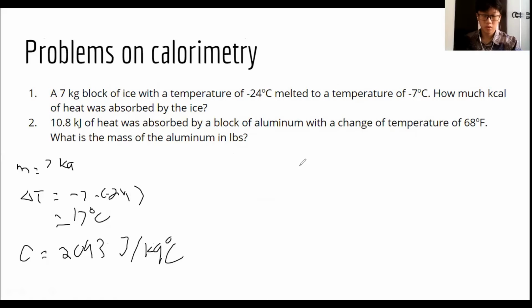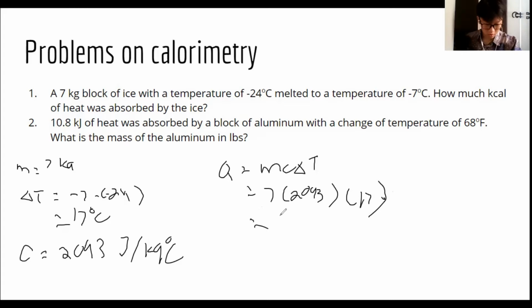Find how much heat was absorbed. We use the mc delta T formula. This will give us 249,067 joules.